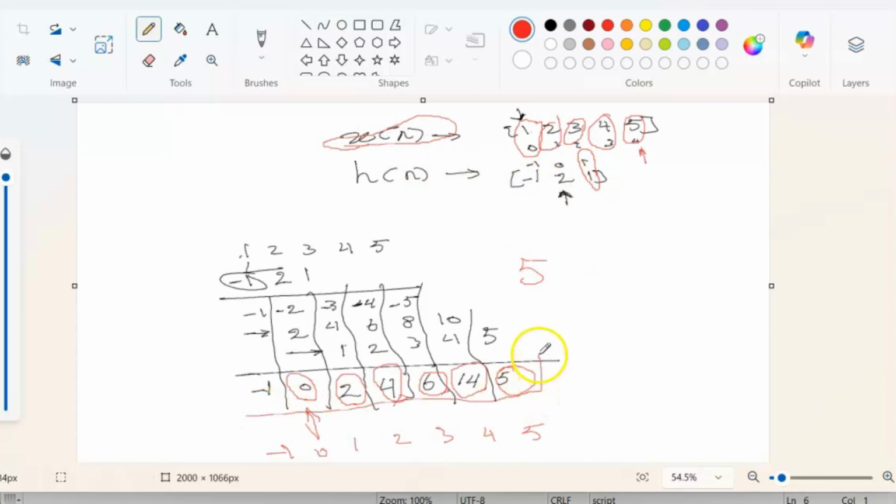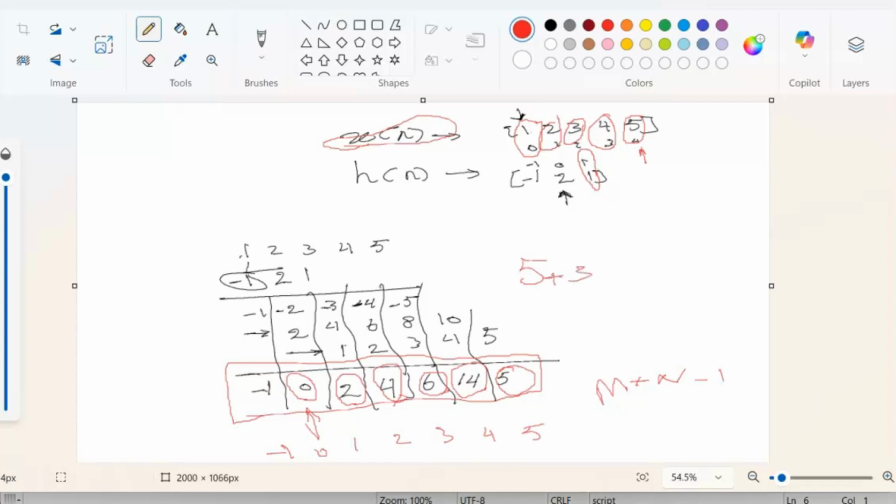The total length of our convolution should be M plus N minus 1, where M is the number of elements in x of n and N is the number of elements in h.